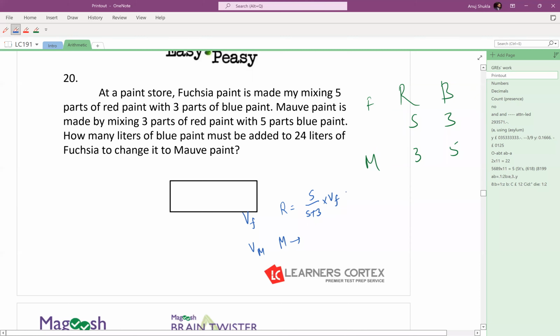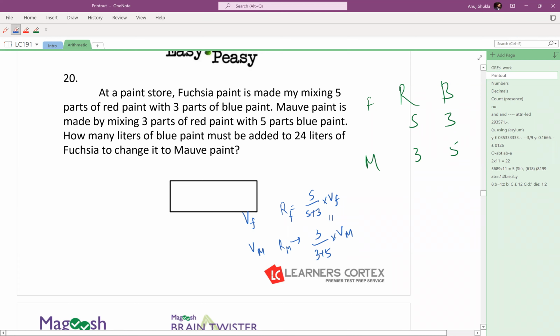Yes, sir. And in mauve, what is the red content? It is 3 divided by 3 plus 5 into VM. This is the red content in both the paints. And can I say both are equal?